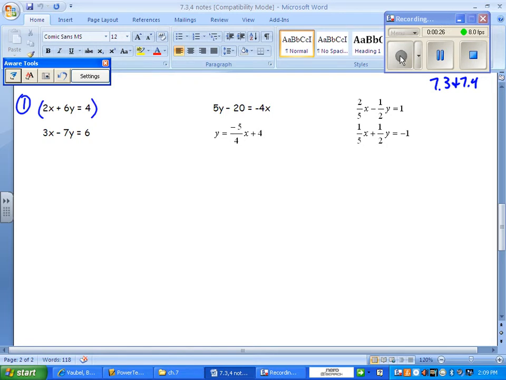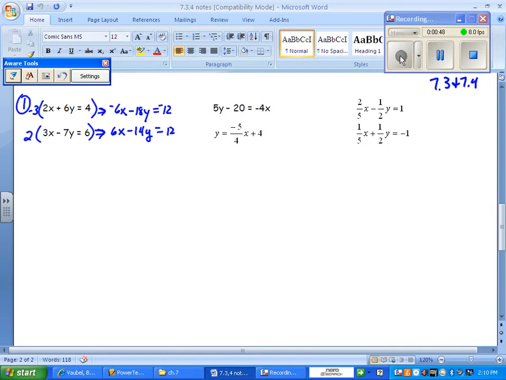So I'm going to multiply this top equation by a negative 3, which becomes negative 6x minus 18y equals negative 12. Bottom equation, I will multiply this by a positive 2, and I'll have 6x minus 14y equals 12.